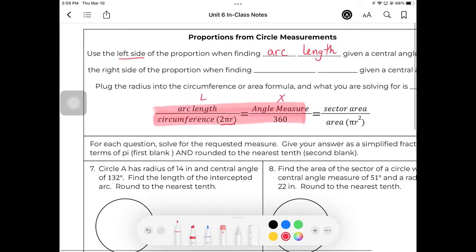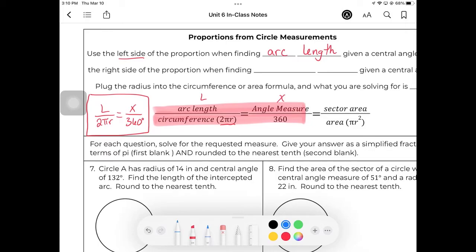I'm going to write that over here as its own little formula. Arc length L over the full circumference, 2 pi r, that's how we find circumference, has to always equal x, the angle measure, out of a full 360, because the full circle is 360 degrees. That angle we're using is only x degrees, however many degrees we're told to use.